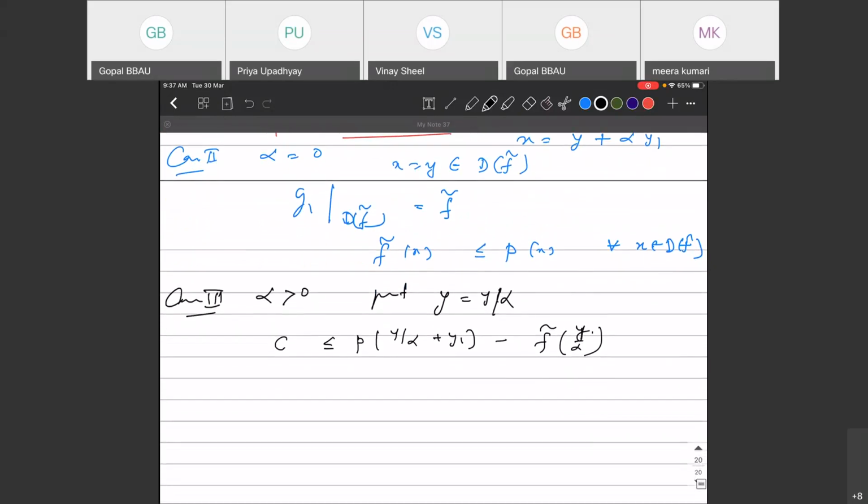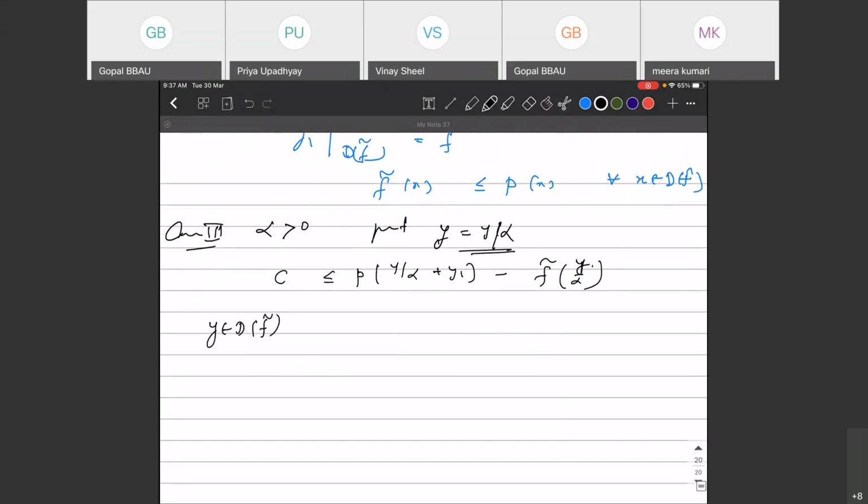y belongs to the domain of f tilde. So I'm putting y equal to y by alpha, and when I do this, this means I am varying. Say this was my domain of f tilde, and say this is my y.